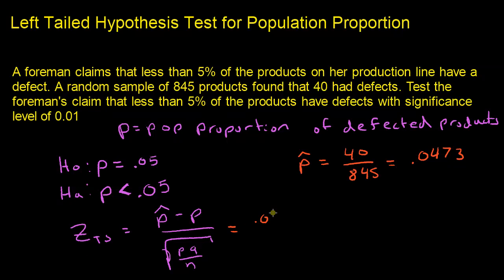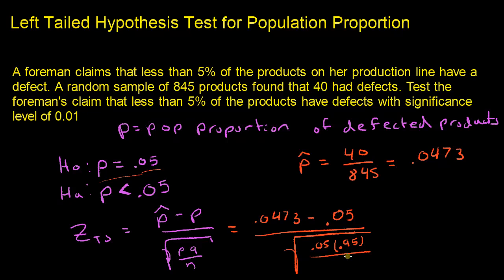So 0.0473. Now what's P? We look to the null hypothesis. Remember, you always look to the null for what is P in your calculation of your test statistic. So 0.05, divided by the square root of P, which is 0.05, times Q, which is 1 minus P, so that'd be 0.95, divided by N, which is 845, right?